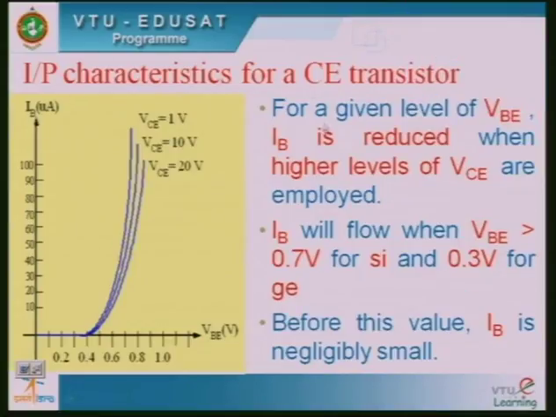Now, let us discuss the input characteristics of the common emitter transistor here. Input characteristics means it is a plot of VB versus IB keeping VC constant here. You can note that this plot of the input characteristics of the common emitter transistor almost looks similar to that of the forward biased PN junction.